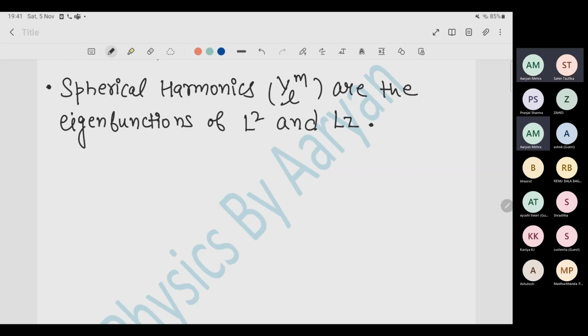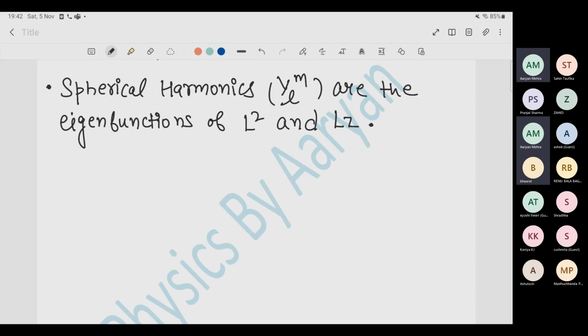Yes, because L square and Lz commute. Number one thing is both of them can have the same eigenfunctions. But for both of them, spherical harmonics are their eigenfunctions. Can you convince yourself of that?